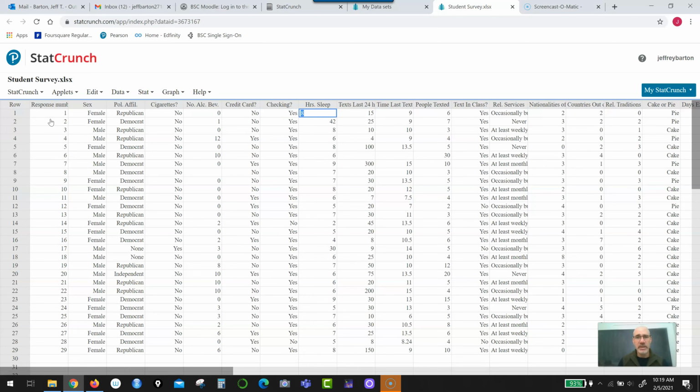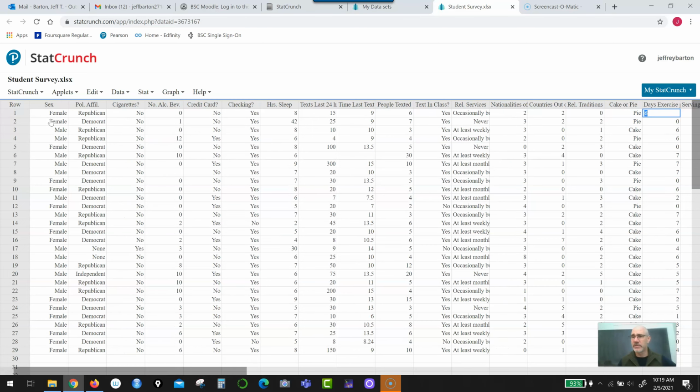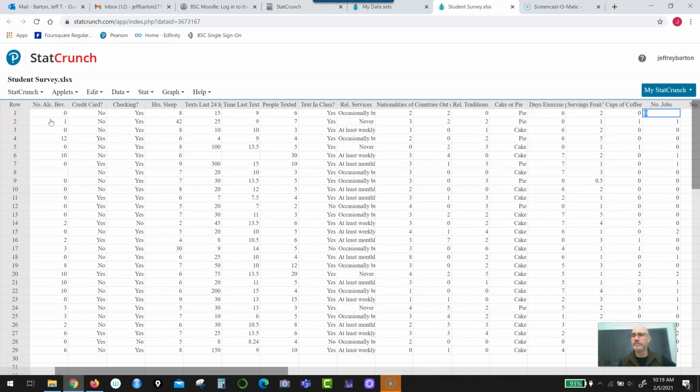Now I've abbreviated the questions in order to fit them into the columns in a reasonable way, so that they have reasonable variable names. So every column represents a different variable, and we've got lots of them.